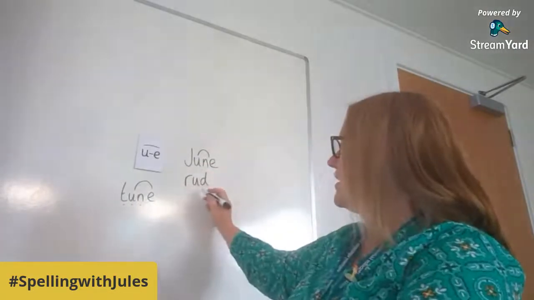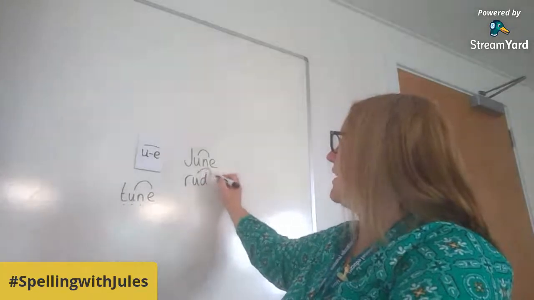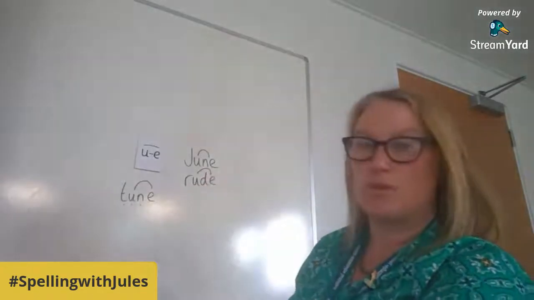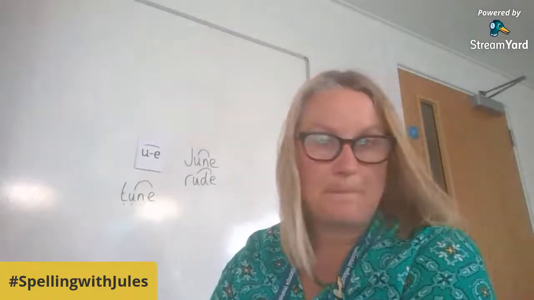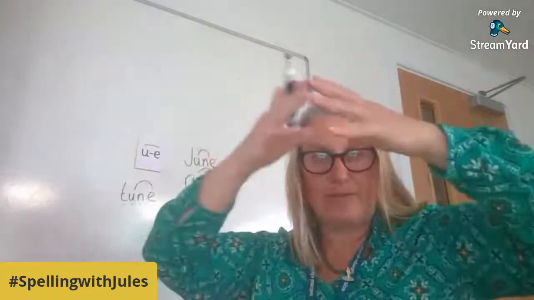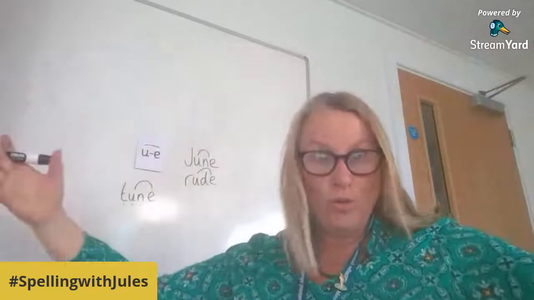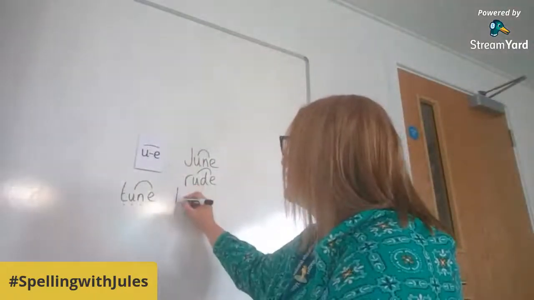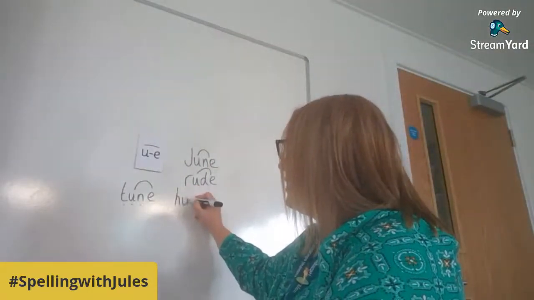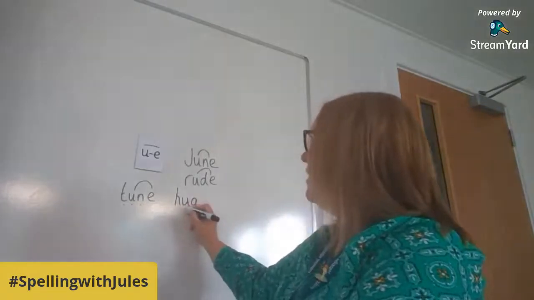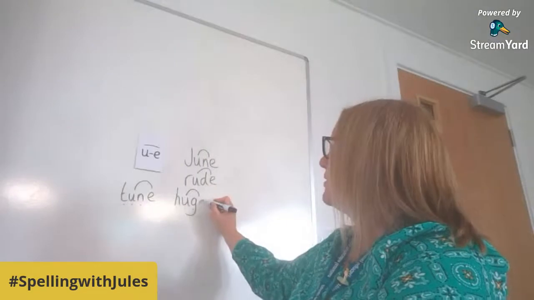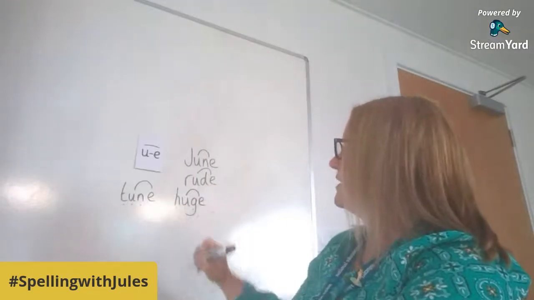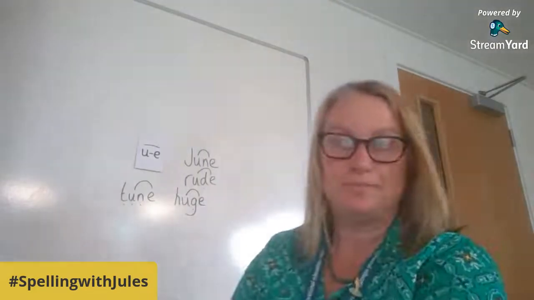So that's rud, as in rudder. And then we put an E on the end to make it rude. Okay. What about this massive, big, huge? G. Got there. Becomes a U when you put an E on the end to make huge.